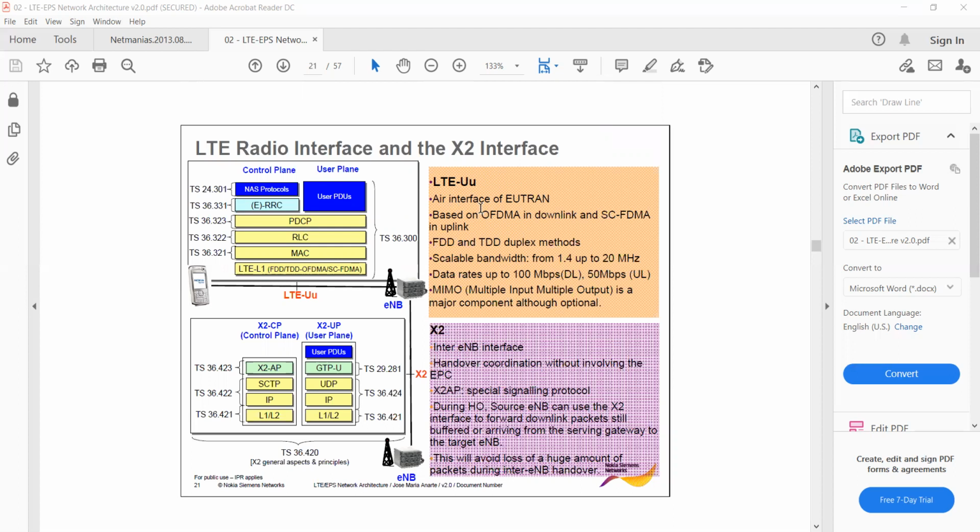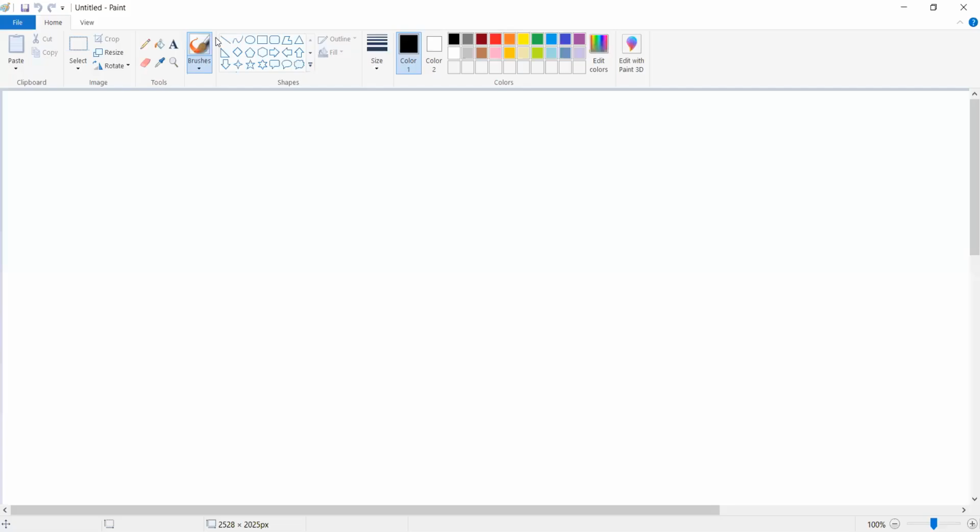Okay. So next is the X2 interface. The X2 interface is connecting two base stations. Suppose this is my UE, and this is my base station, and suppose one more base station. My UE can be anywhere in the network.